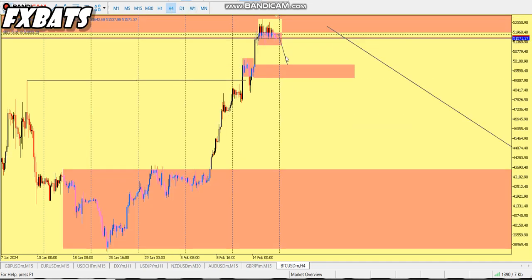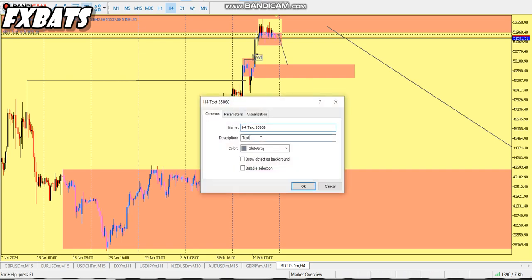On H4, I'm still waiting for this correction. Yes, because there is a break of structure, and after the break of structure, imbalance was formed. This is our entire imbalance here. You can call it the FVG.